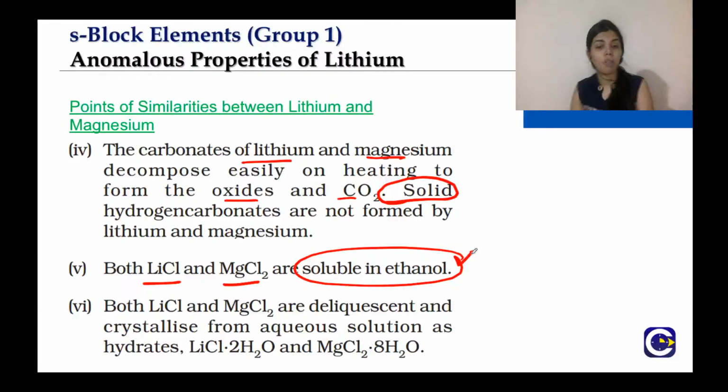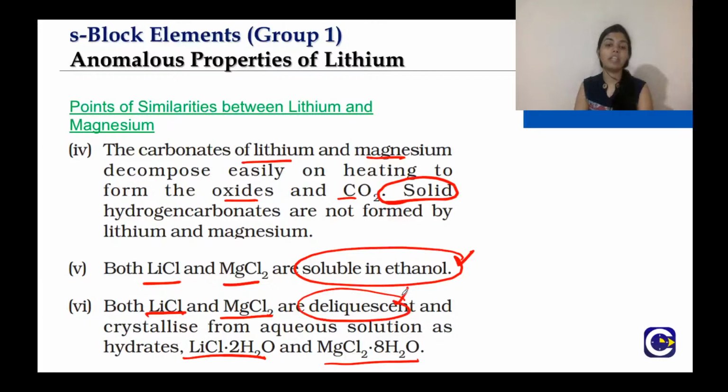This is another common factor, and both form hydrated complexes. So here you can see that lithium chloride forms a hydrated complex as 2H2O, and MgCl2 also forms a hydrated complex as 8H2O. So their chlorides are deliquescent in nature.